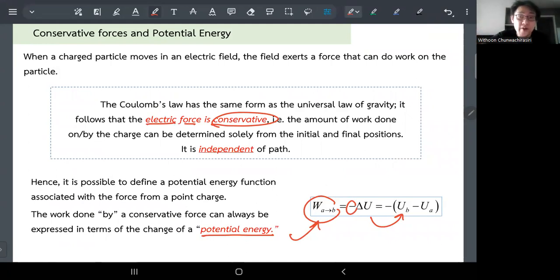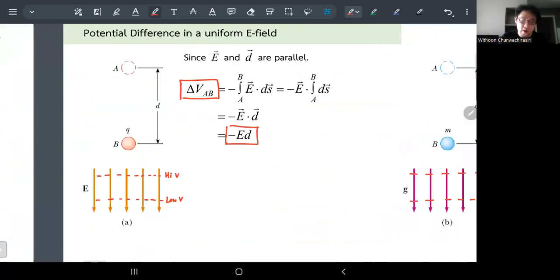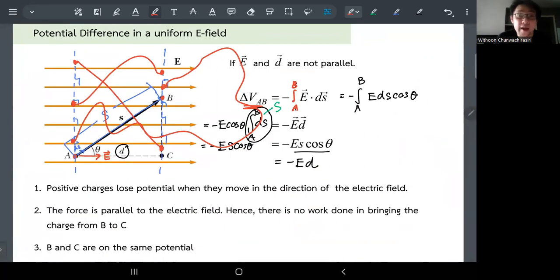Because the electric field has the same characteristic as a gravitational field, the potential will have the same characteristic as well. It's path independent, guys. So I don't care. You care only about the starting point and the endpoint, and you will be able to calculate the potential difference, or if you want, the potential energy difference.